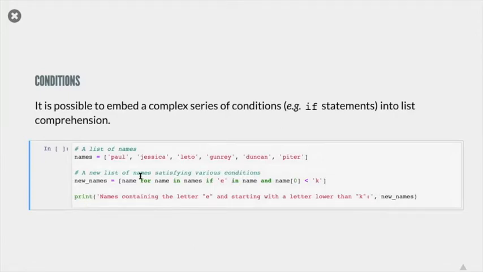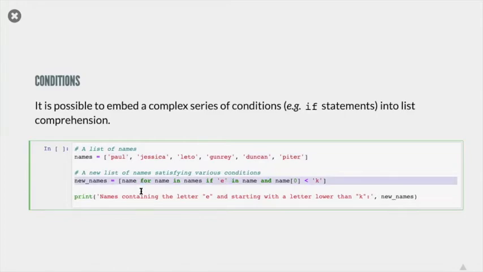So imagine now we have a list of names, all right? And we want a very complicated subset of these names. So we want to take every name in this list that has the letter E and for which the first letter is lower than K in the alphabet, right? So you can imagine if you were going to write this in some language, it might require a large number of conditions and everything to get a very simple output at the end. In Python, that's one line, right?